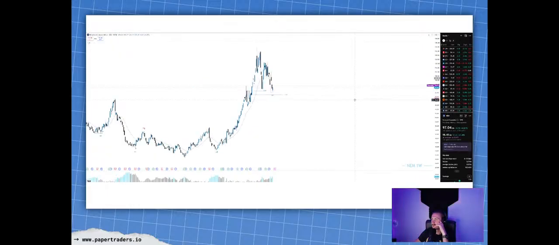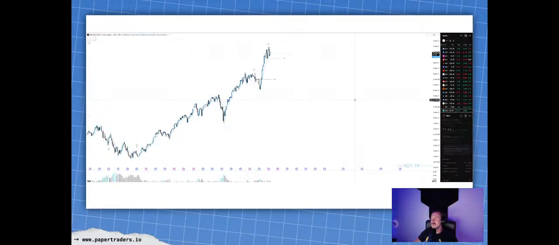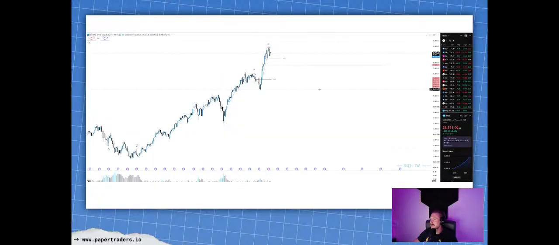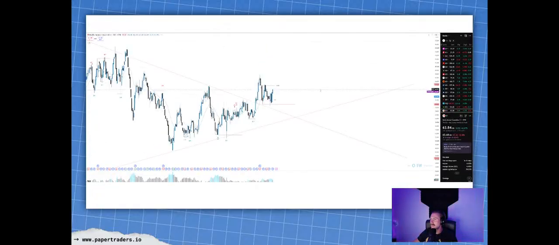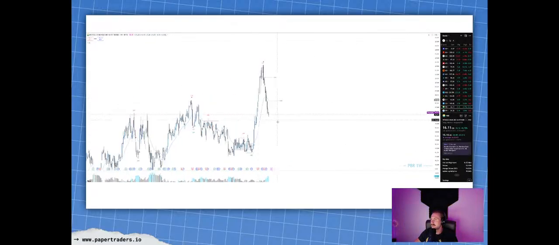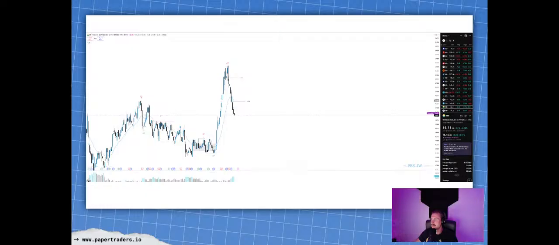OSTR, we know how that's going. Netflix, I'd love to see a previous monthly low sweep on that one as well. Nvidia, Okta, PBR, Petrobras. Maybe retest of this OTE, but I think with the Iran war, oil is taking a bit of a hit now.